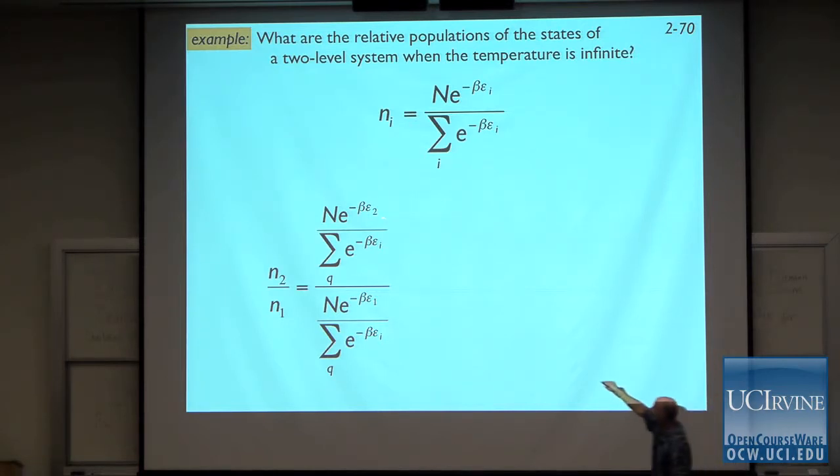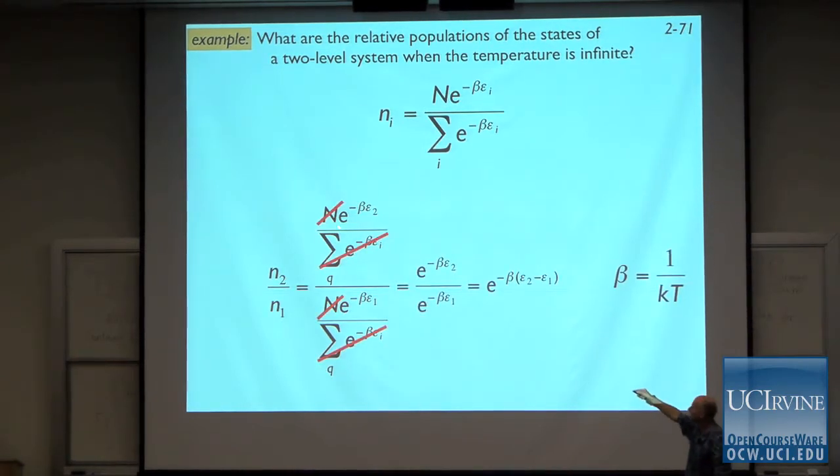What's the difference between them? I've got E2 here for state 2. I've got E1 here for state 1. Otherwise, the denominator is the same summation. It's identical. If I cancel terms, I'm asking about two states in the same system, so big N is the same. There's only one system here that has N molecules in it.